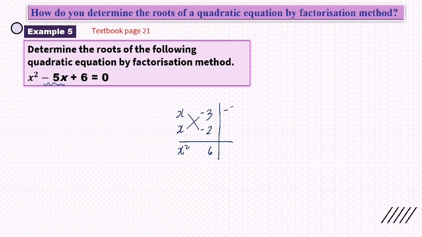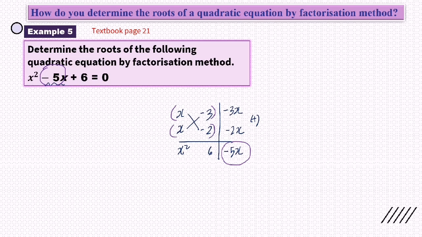Here we obtain negative 3s. At the bottom we obtain negative 2s. And we add these two values, negative 3s plus negative 2s equals negative 5s. If the value of here same as the middle here, then we can use this as the factorization.